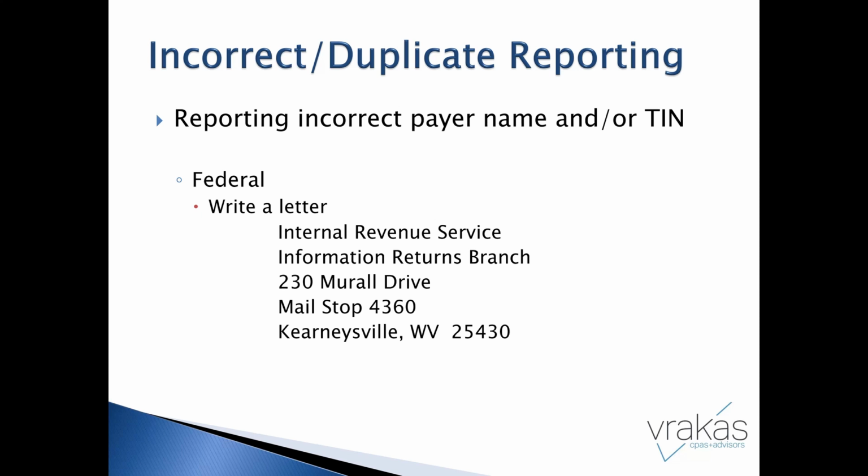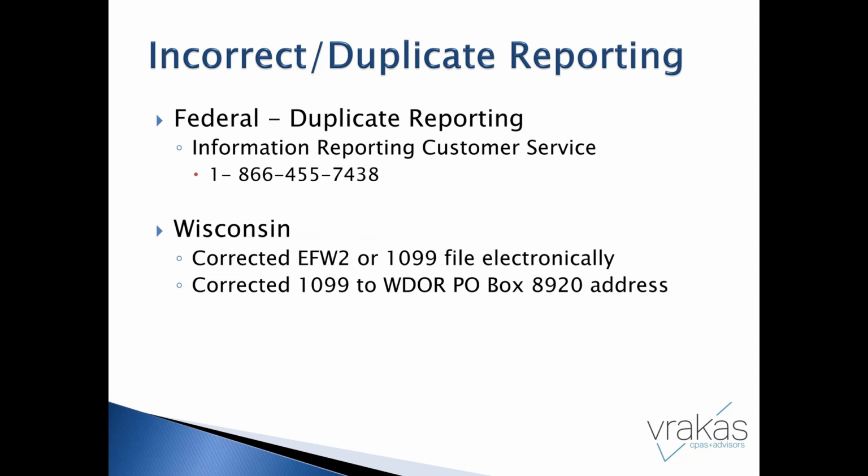You need to call them and make sure that you get this squared away, because if the IRS sees two 1099s, they're not going to match if they were the exact same numbers. They're going to expect that recipient that you sent the 1099 to report it twice. So that could cause issues. So if you notice that there are some corrections that you need to do.